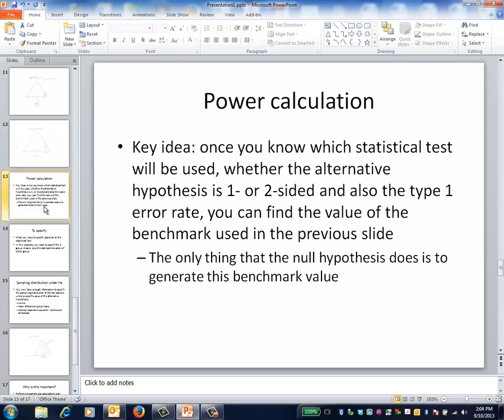In the previous slide, that benchmark value was 1.645 standard error multiples. Here it's simpler to specify the test statistic as the difference between group means, rather than the difference divided by a scaling quantity. The only role of the null hypothesis is to derive the benchmark value.